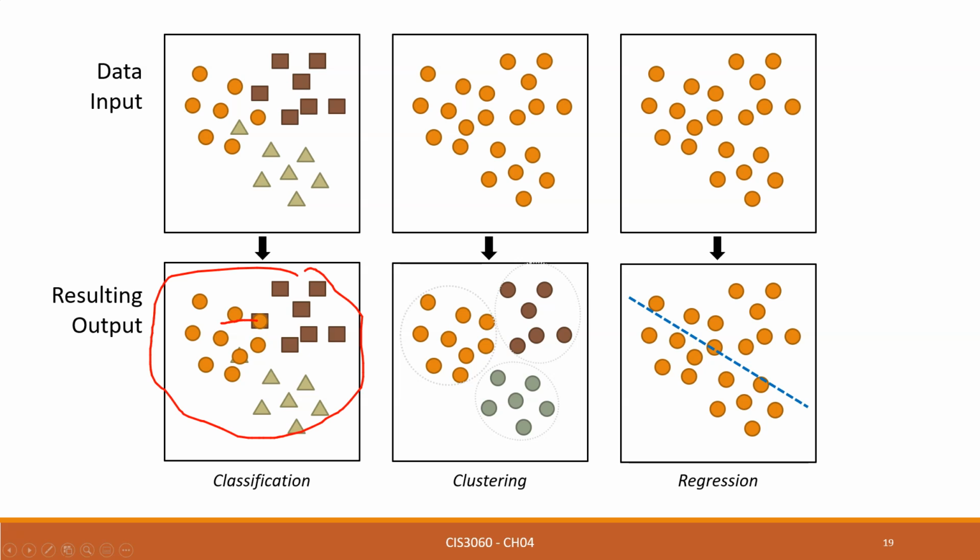You notice that we have some data points that were classified as a circle, but were really a square, right? This is what's considered to be an error, and it has a particular type of output.